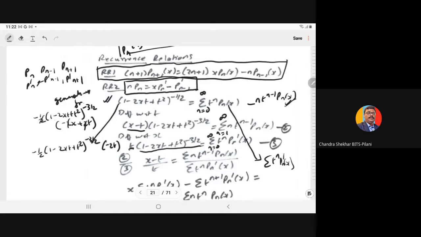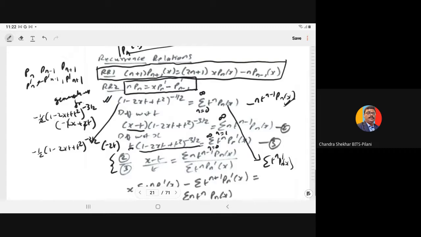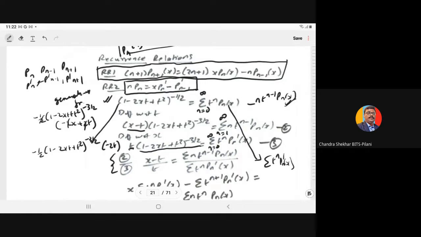So let's say this is the third and the previous one is the second. If you perform 2 upon 3, here we have on the left side (x minus t) and in the denominator t, and on the right hand side the summation of n into t to the power n minus 1 P_n(x), and in the denominator the summation of t to the power n P_n dash x.